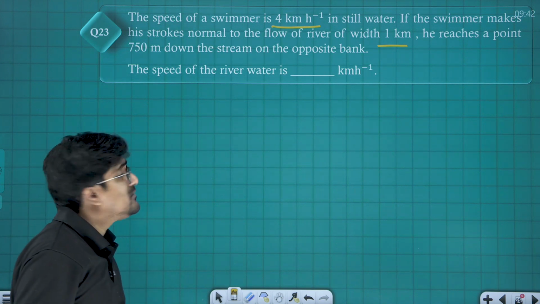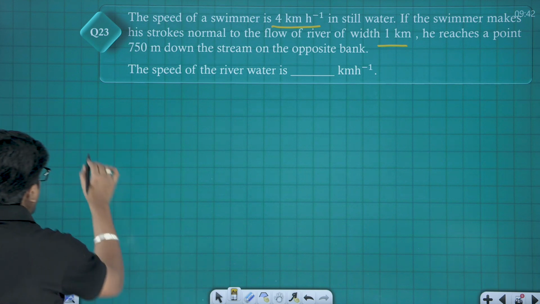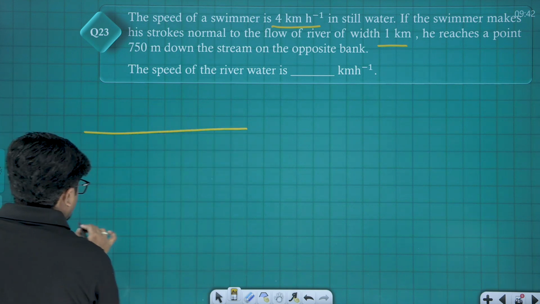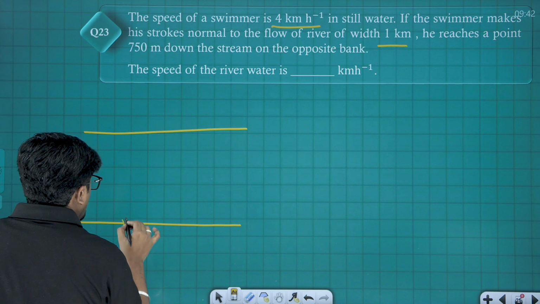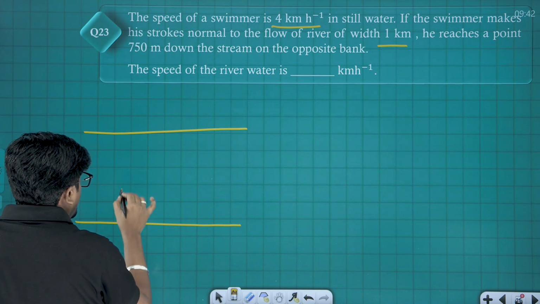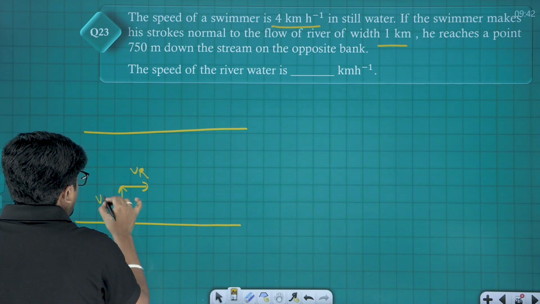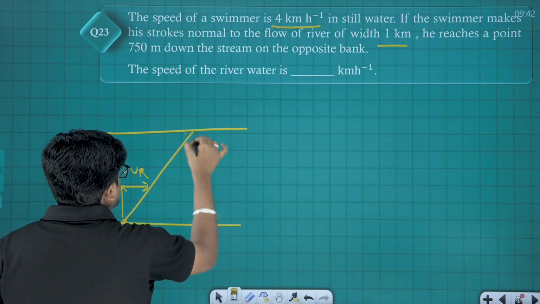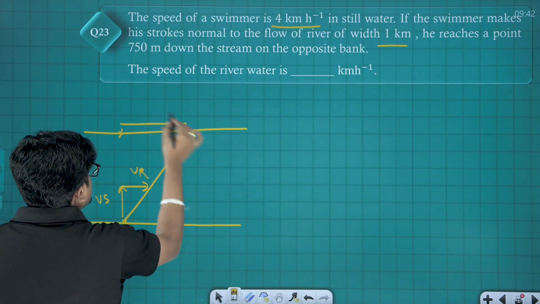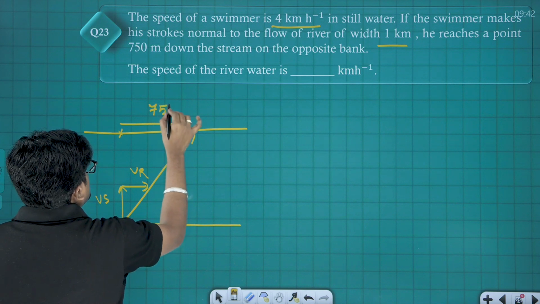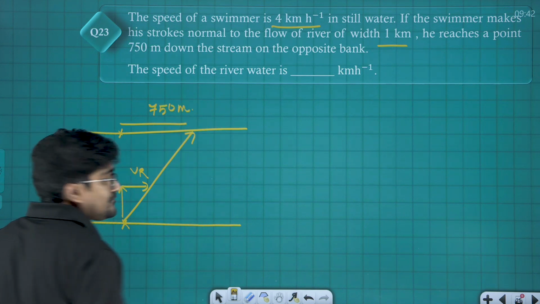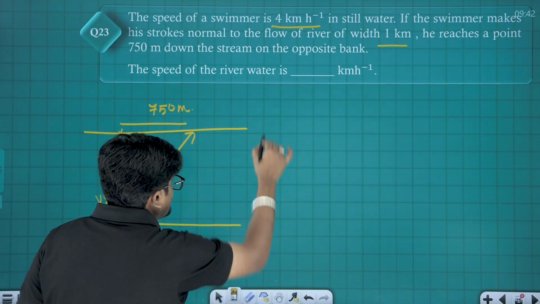Then the speed of the river water is. So let this be the river, and the swimmer is starting from here, heading in this direction, but because of the river velocity, she will be reaching somewhere here only, and this distance is given as 750 meter.